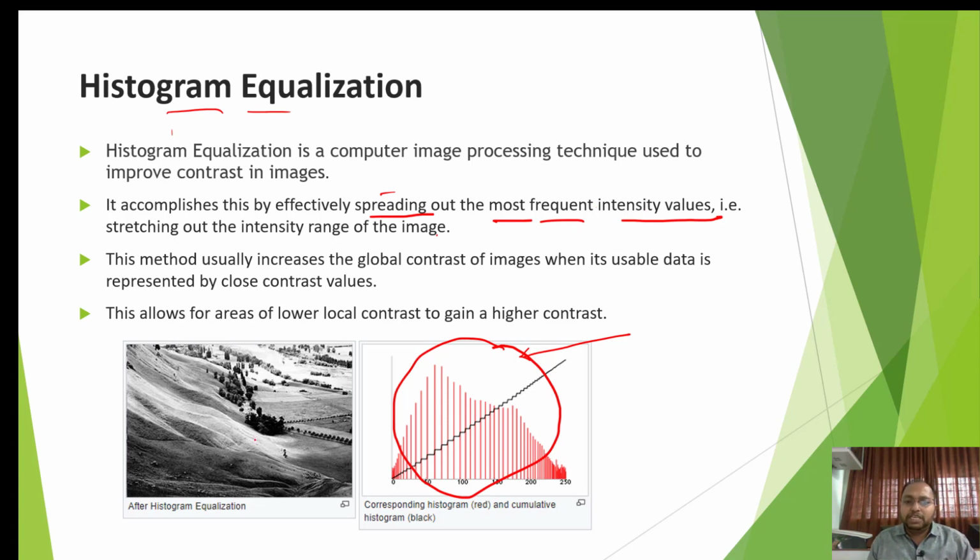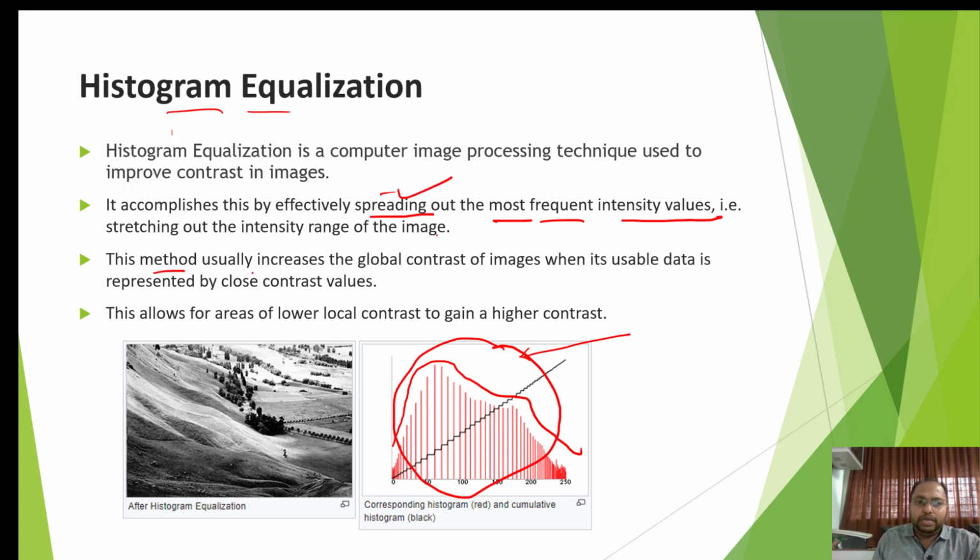So all the gray level intensities have been evenly equalized over that range of frequencies.